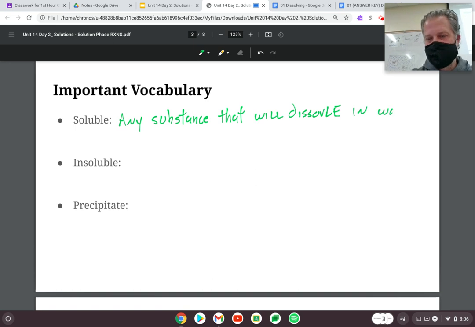The state of matter for something that is soluble, especially if it's dissolved in water, would be aqueous, and we'll talk about that a little bit more in a moment. Something that is insoluble would be something that does not dissolve in water.